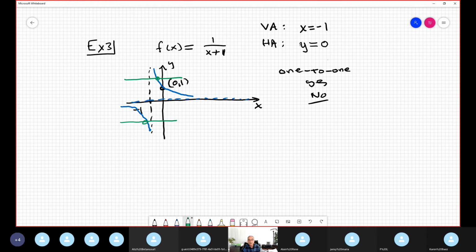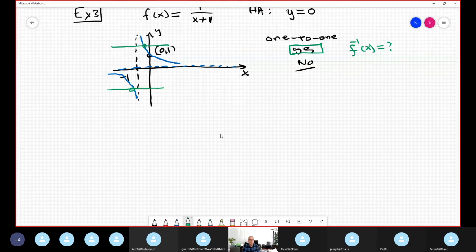Therefore, the conclusion is that the function has an inverse function. So now I try to find the inverse function. Step 2, the inverse function, well, let's do it.